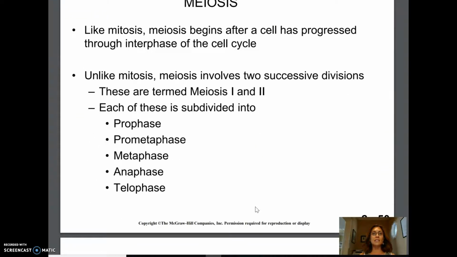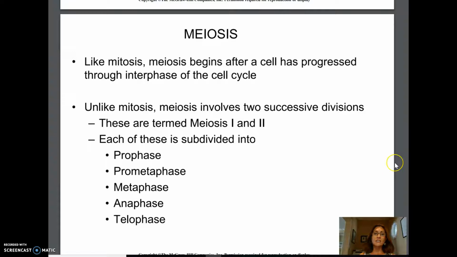So basically what happens in meiosis is the cell cycle kicks off normally. You go through G1, S, G2. In other words, the pregamete cells, the stem cells that make ova and sperm, start producing new chromosomes, and you end up with sister chromatids.